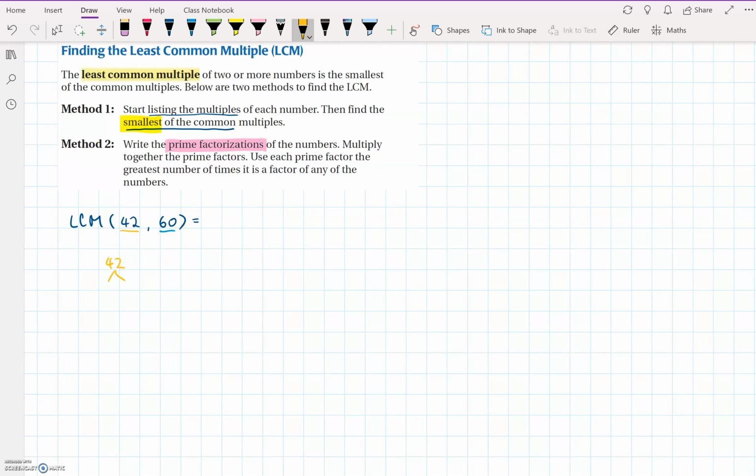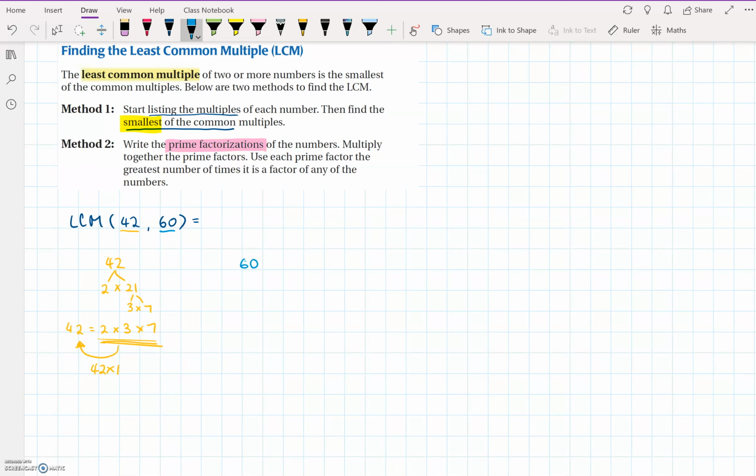So 42, let's do our prime factorization, is 2 times 21. 21 is 3 times 7. So the prime factorization of 42 is 2 times 3 times 7. These are the factors we need in order to get the number 42, which is the smallest multiple of 42, because essentially we can think of it as 42 times 1, correct?